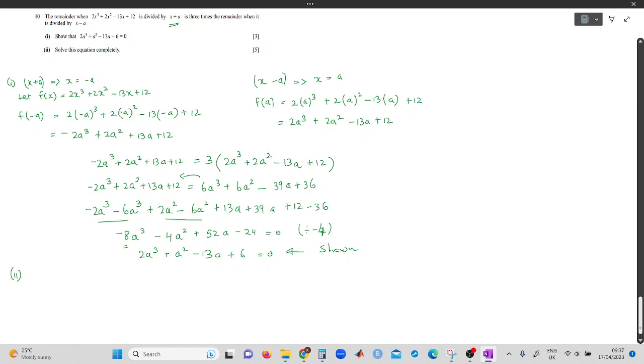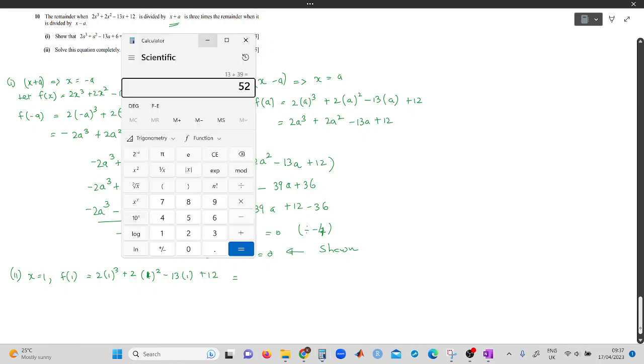Okay, so let's try. When x equals to 1, what is the value of f of 1? Donc 2 fois 1 cube plus 2 fois 1 cube, pardon, retirer 13 fois 1 plus 12.